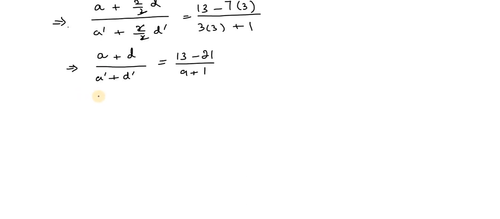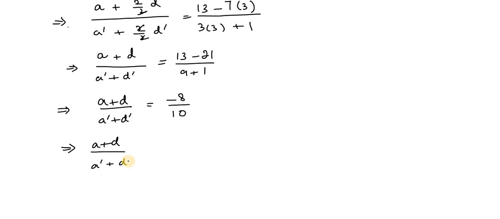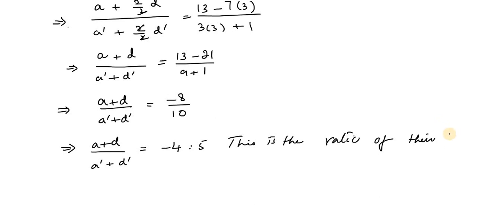So this is the ratio of the second term: a plus d upon a dash plus d dash is equal to minus 8 upon 10, which is minus 4 is to 5. This is the ratio of their second term.